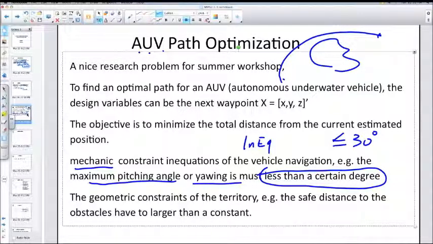Another constraint is the geometric constraint. For example, you want to walk around this rock. You need to make sure you have a safe distance between the rock and the vehicle. So again, your constraint is the distance bigger than or equal to a certain distance, let's say 2 meters.